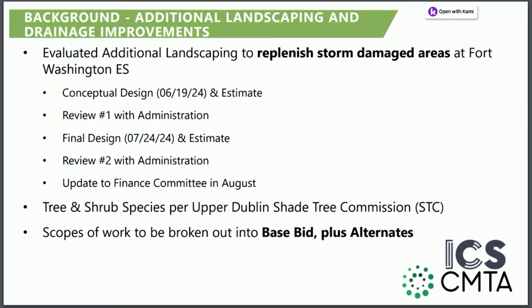And so we came back in July with our final plans. We were asked at that time what our method to bid would be and what that timeline would be. During that same timeline when we were researching that, I came in here in August and gave you a brief update of what that project would look like. And so now I'm back to walk you through all of those decisions.